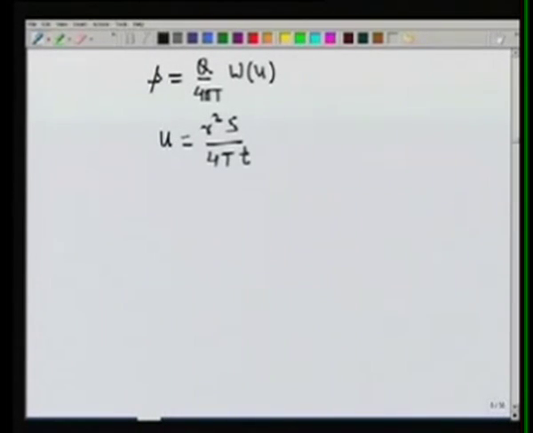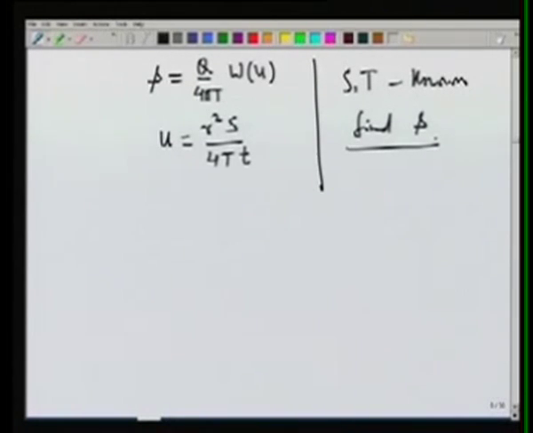If you look at the equation for s and u, one thing which is clear is that if S and T are known and we want to find out drawdown, there is no problem, because for any given S and T and knowing the distance of the observation well, u can be computed.